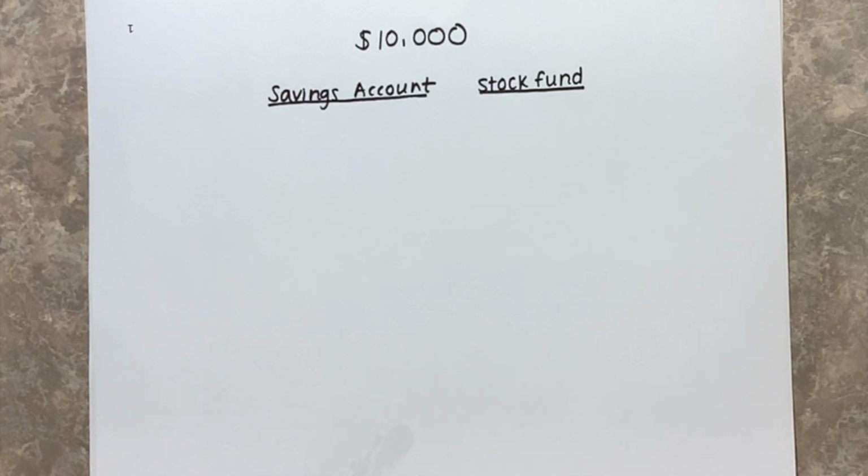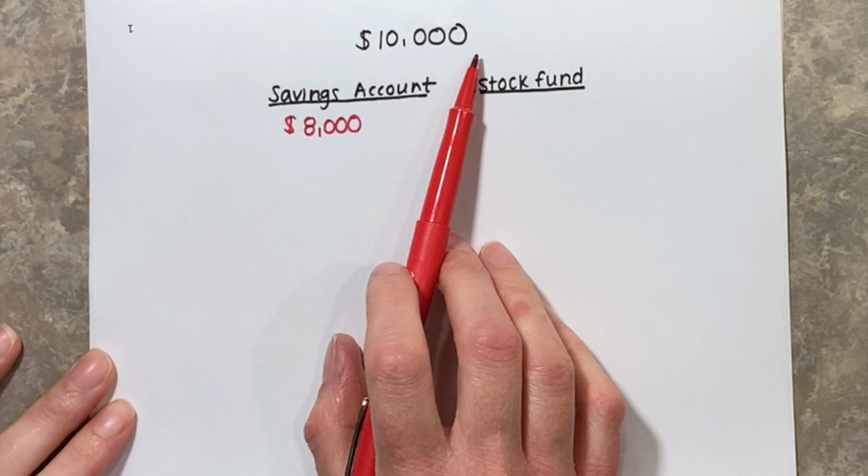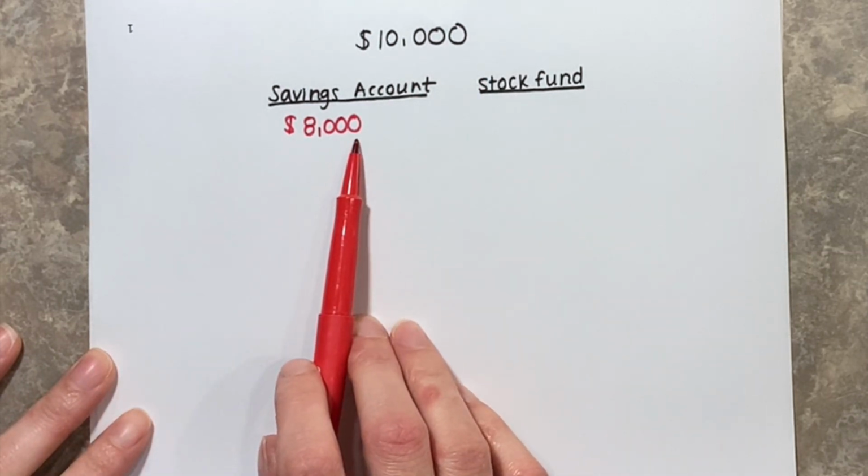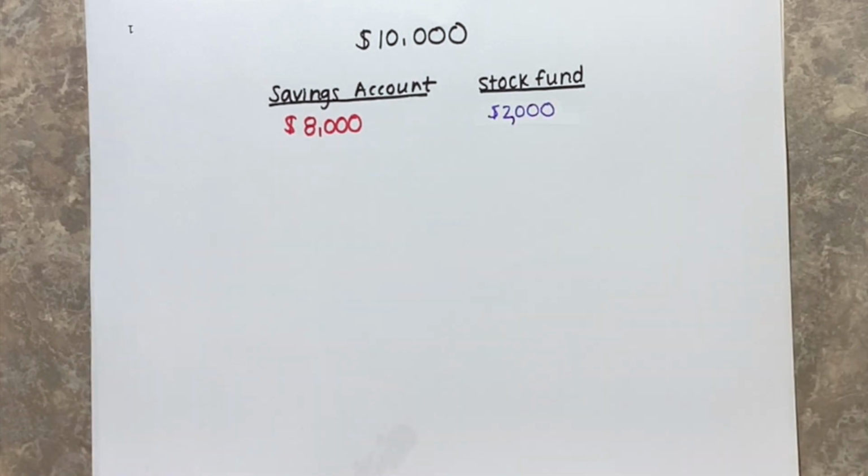But let's just pretend that we knew that he was putting, for example, $8,000 in the savings account. How much would he be putting in the stock fund? Well, if he's investing a total of $10,000, if he puts $8,000 in the savings account, how much of the $10,000 would be left over to put in the stock fund? $2,000.